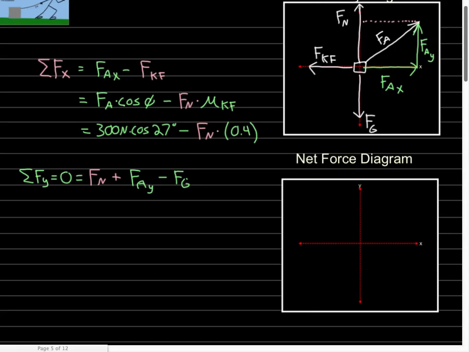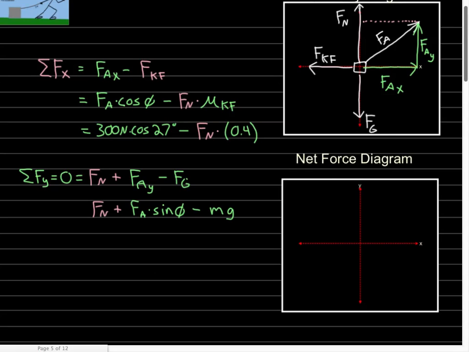Those are both known. Everything's known except, check it out, Fn. So let's keep plugging some stuff in. So we have Fn plus Fay, which is simply equal to Fa times the sine of theta, minus mg.